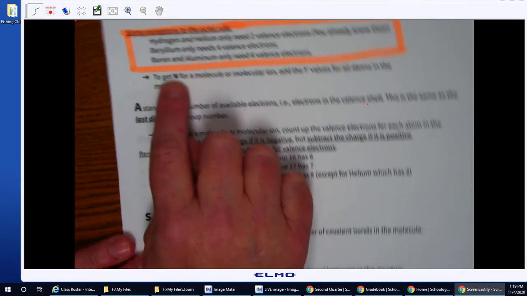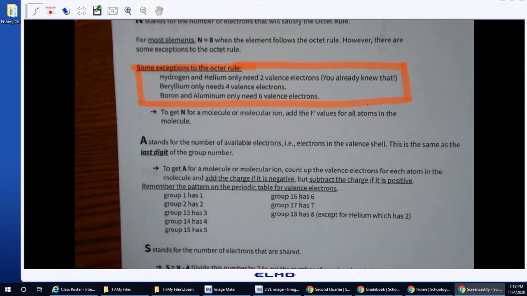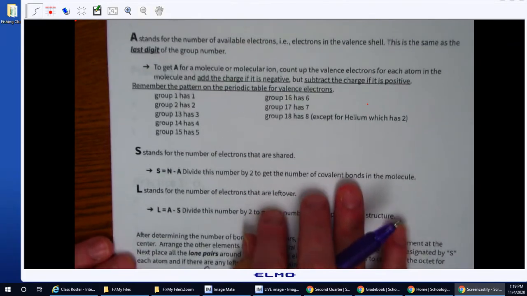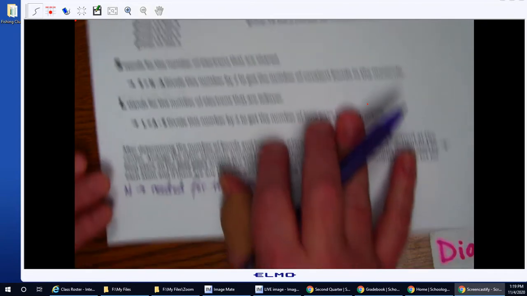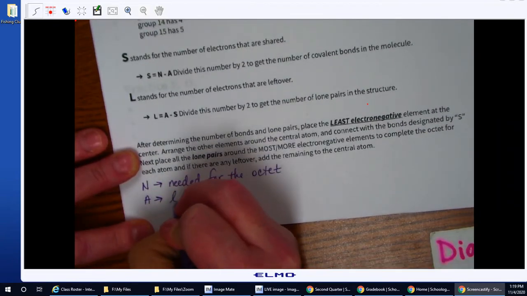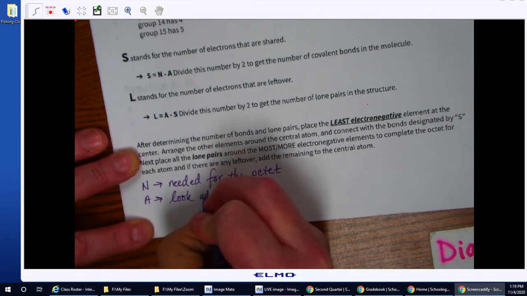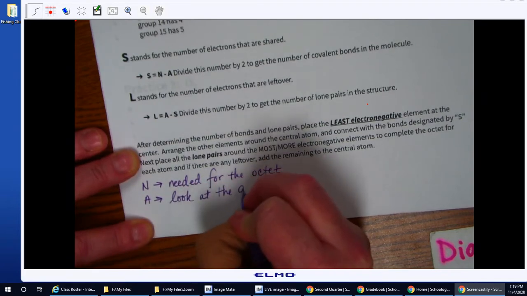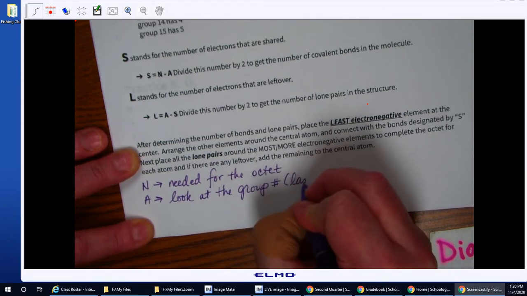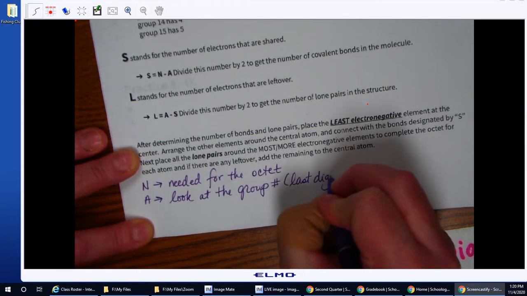All right, so let's go back. Again, the N will represent that special octet, whatever that special number is, not how many you add to reach that octet. A will represent the actual. So A is actual. How many does it actually have? So you look at the group number, and it specifically is the last digit.